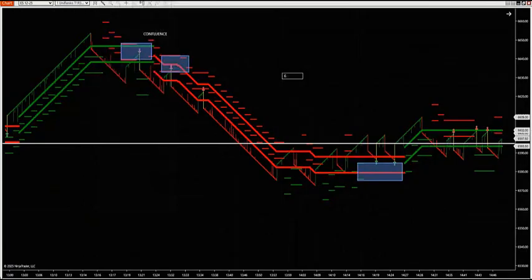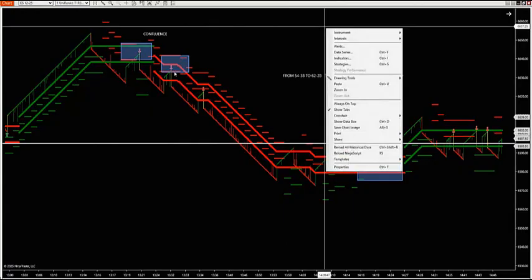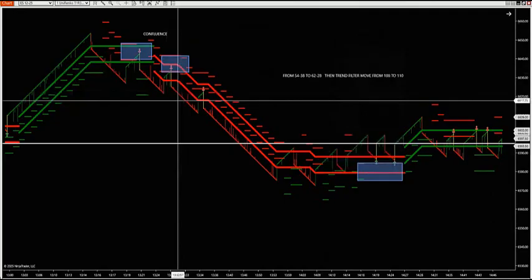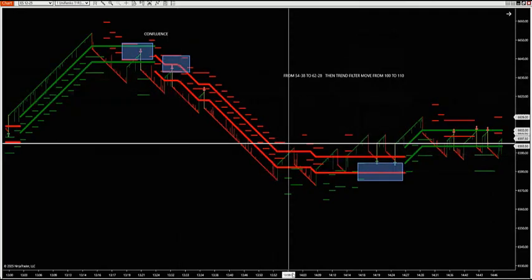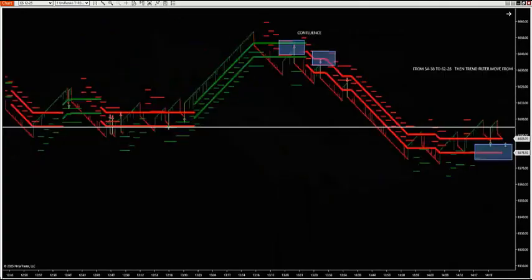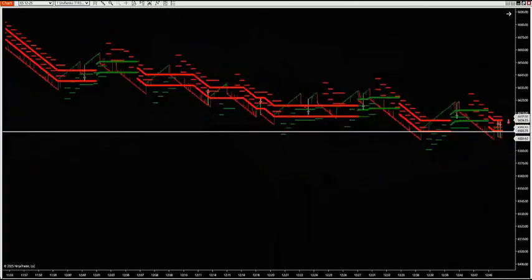Widen your zone from 54.38 to 62.28, and then move the trend filter from 100 to 110. What that does is it smooths out the trends more for you in a very volatile environment. It smooths out the trends and gives you more yellow trigger entries all day long.